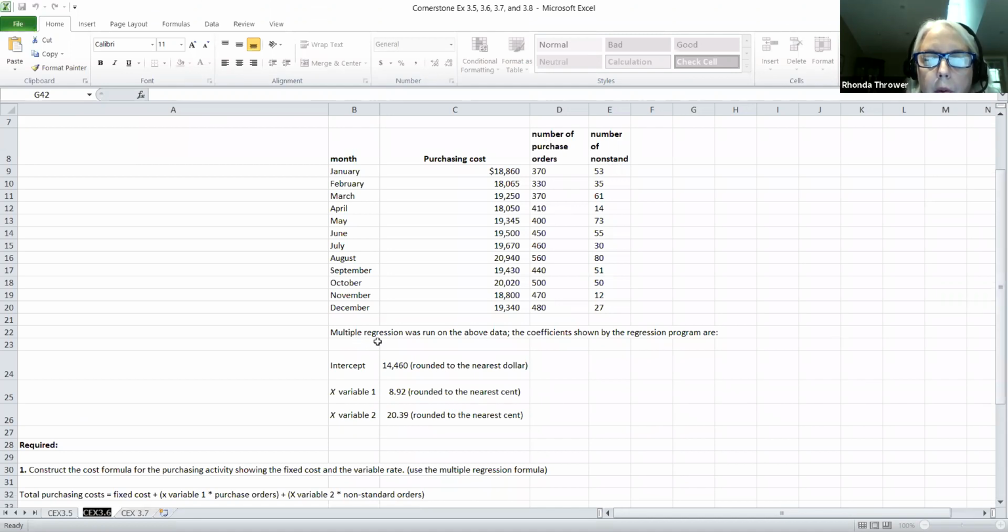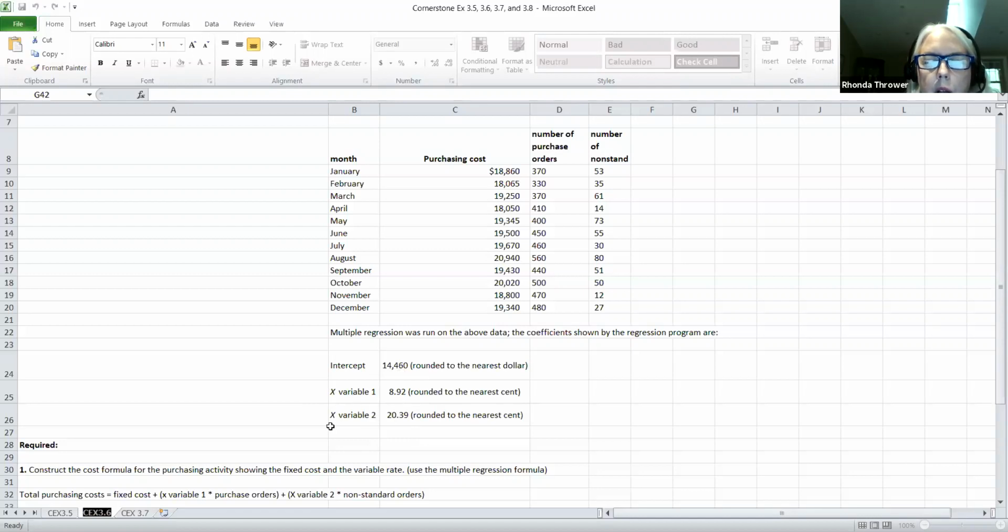It's called multiple regression because there's two different variable costs that we're working toward here. And so the intercept is still going to be the fixed cost. Variable X1 is going to be the variable cost per unit for, I believe, the number of purchase orders there.